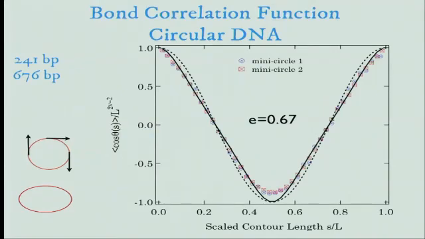If you look at the smallest of the plasmids, you would expect a correlation function like for a circle, but it's not quite the case, because as you see here, the dashed one is the correlation function for a perfect circle, and the data points don't really go through this.